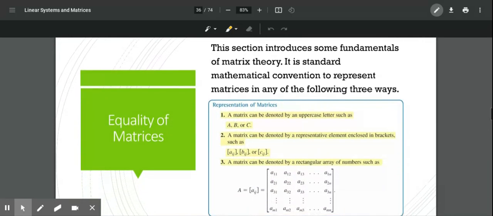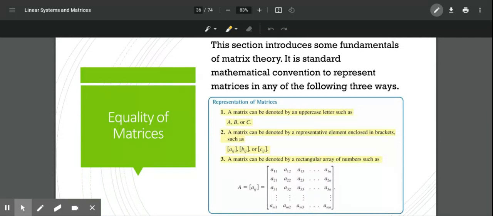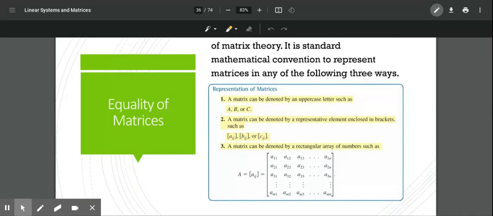So some of the fundamental theories of matrices: it's standard in math to represent matrices in any of the following ways. If you see a capital letter like A, B, or C, they may be talking about a matrix. If you see this matrix notation where you have the subscripts, then that can also be the matrix.